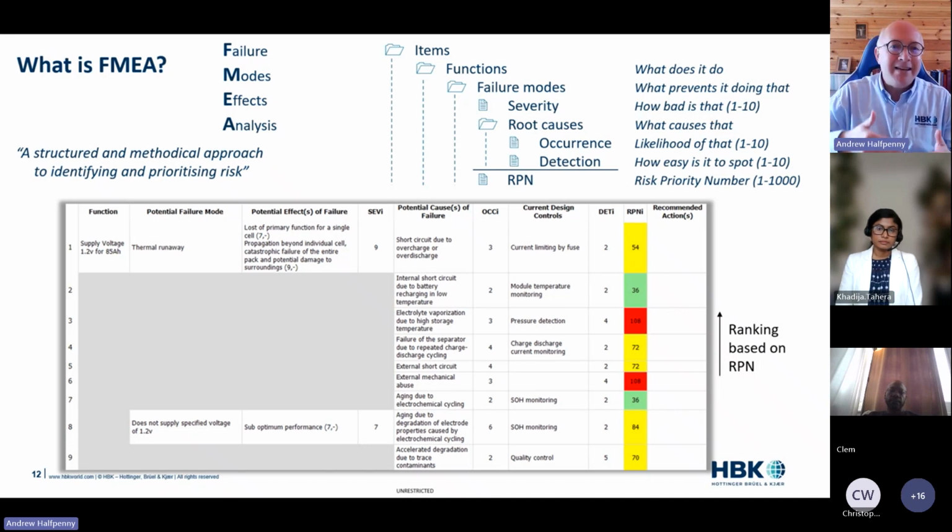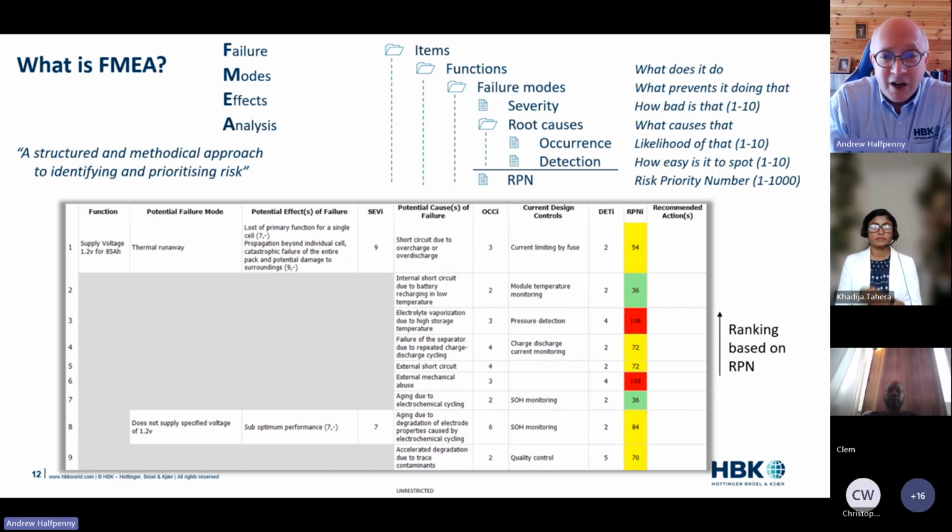So there may be many different root causes and things like that. But FMEA helps us to find the dodgy ones first. That's what it's all about. So it's a very simple process, very structured, but it's very powerful. And it's been around for donkey's years. It was originally developed in the 1950s and 60s with the US Army and also with NASA over the space programs.